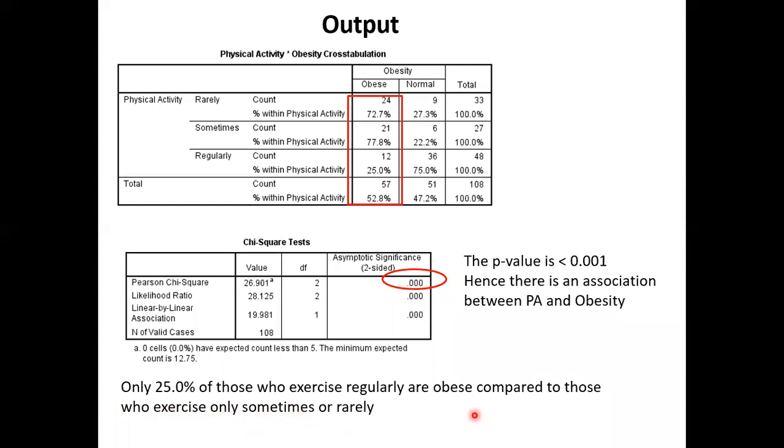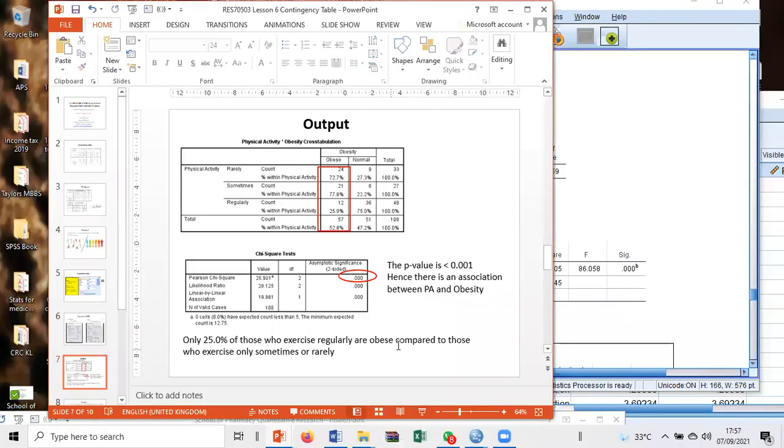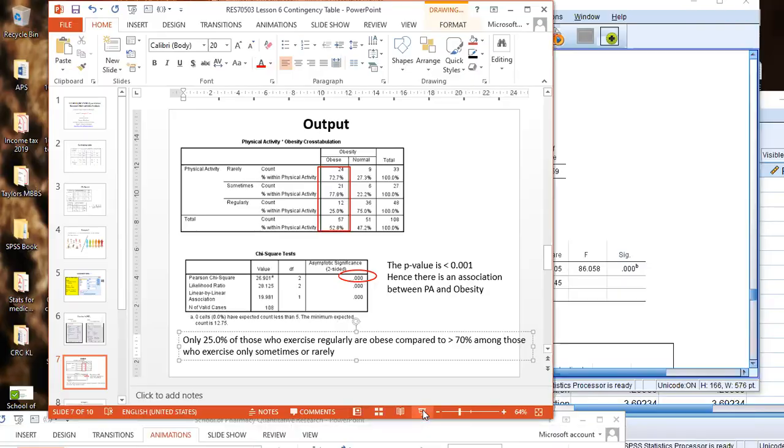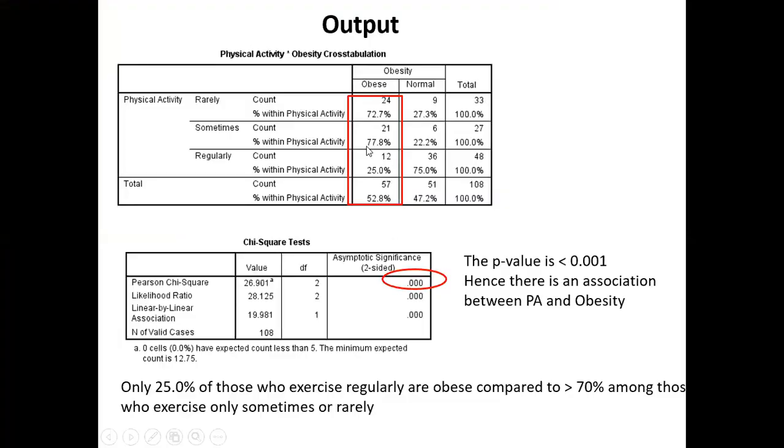Compared to more than, can I say 75%? 70%, right? Among those who exercise only sometimes or rarely, is it like 3 times more?